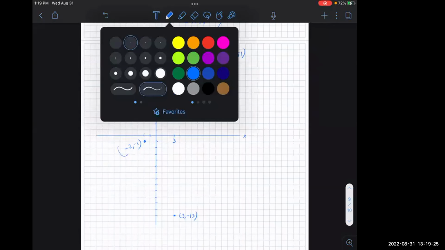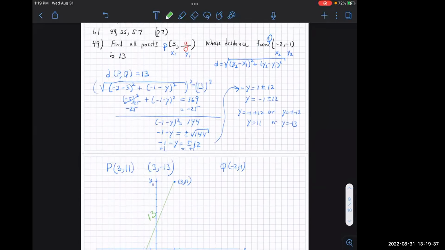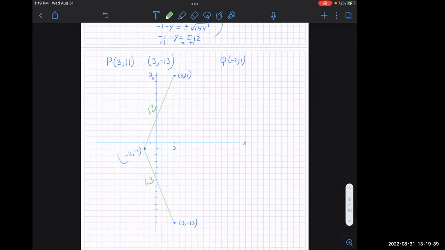So the distance from there to there and from there to there is 13. I think it was 13, right? Yeah. The distance from (-2, -1) to (3, 11) and (3, -13) is 13.